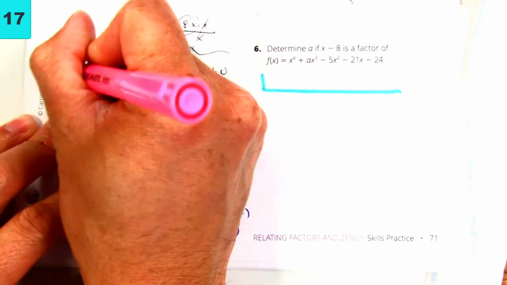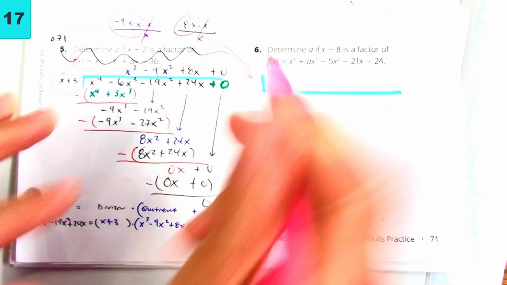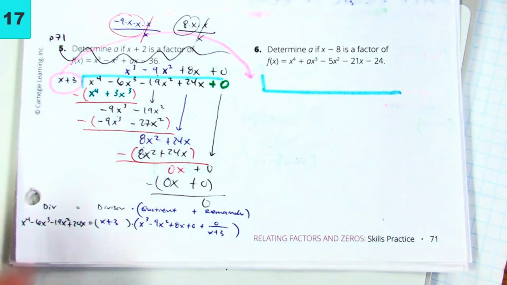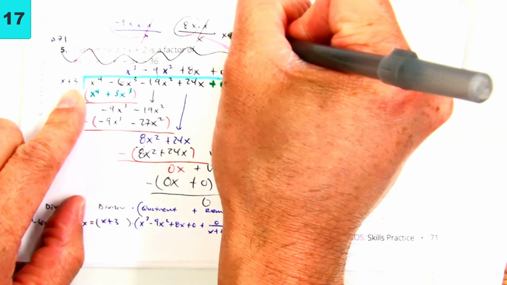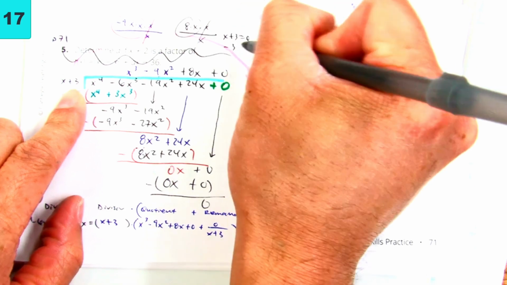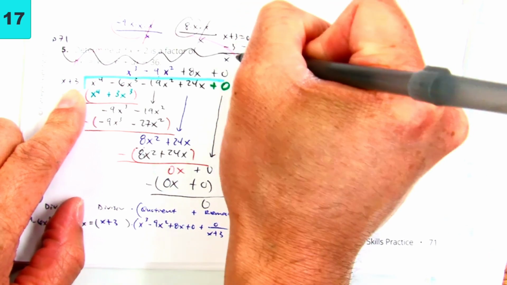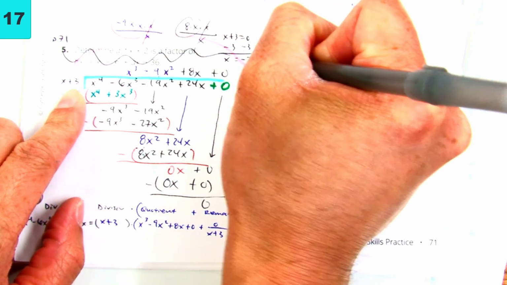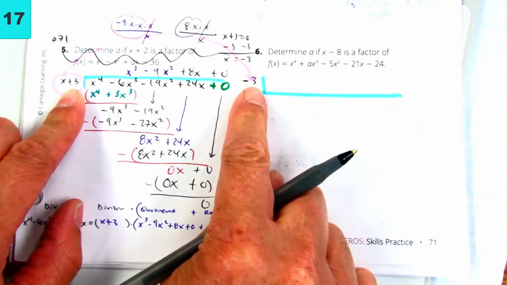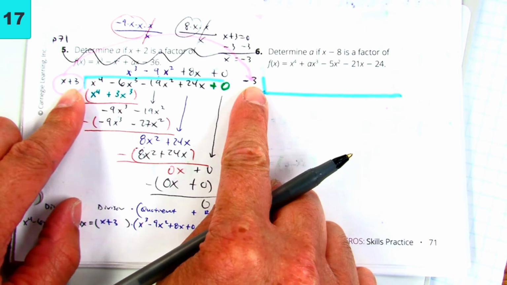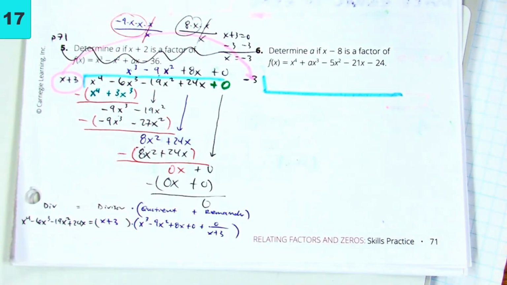I call it that because you just want to take this and set it equal to 0. Basically what you're doing is you're just changing a factor into a 0. So x plus 3 equals 0. And if you subtract 3, you'll get x equals negative 3. So right here on the outside for synthetic division, you're going to put negative 3. That was step number 1.